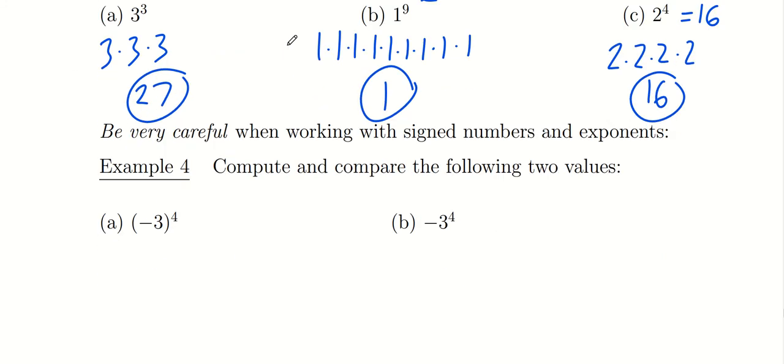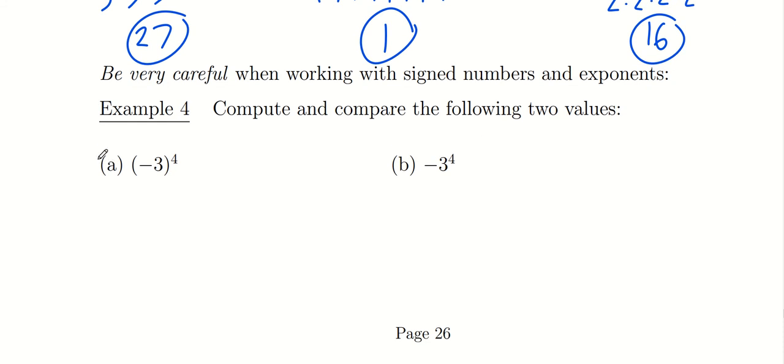One of the things we're going to have to be very careful with and pay close attention to is whenever we have exponents along with sign factors or even opposites. For example, if I look at example A here, it's always important whenever you have an exponent to be very explicit as to what is the base.